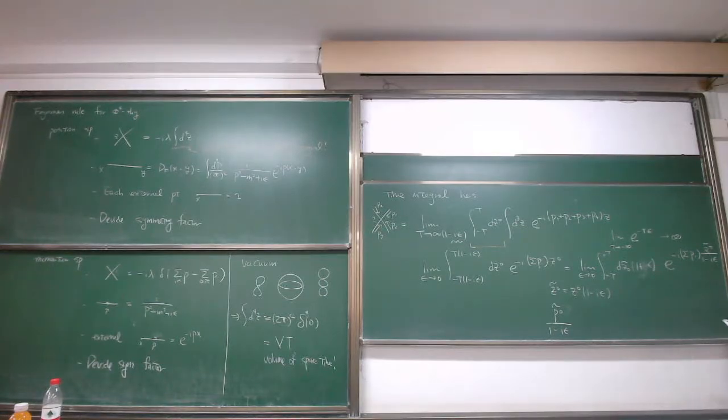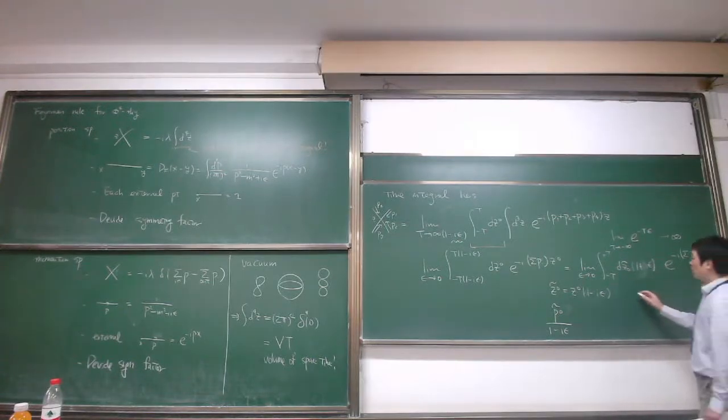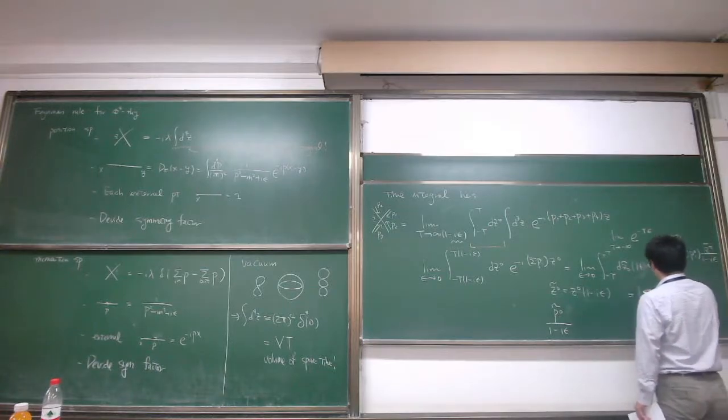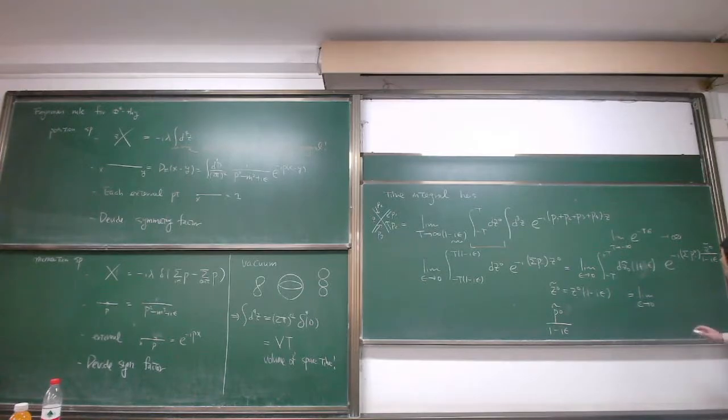And then what we need to do is, I got confused, p0 tilde and p0. Sorry, I'm just disorganized now. The limit epsilon goes to 0, d0 to the 1 plus i epsilon.